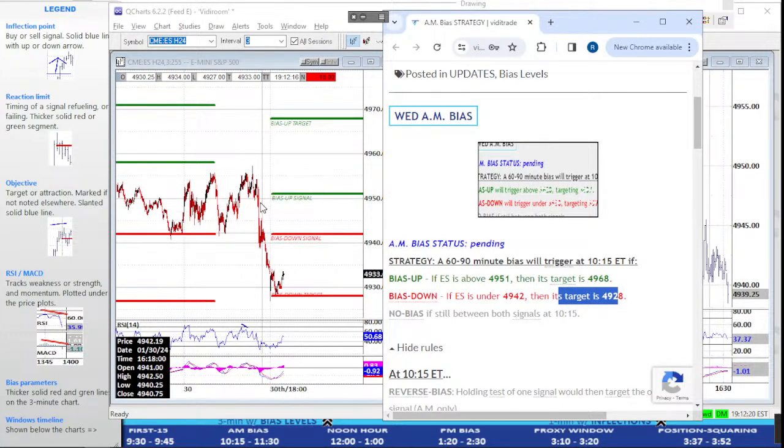Price tumbled from the cash session close, which was up here around 49.51. We were already tumbling into the close, and then through the close, and then through the Globex open, and suddenly stopping coincidentally at the 49.28 bias down target.